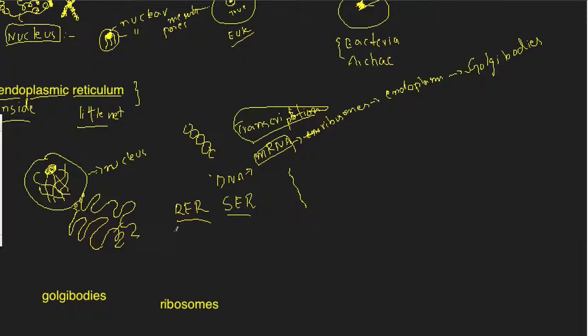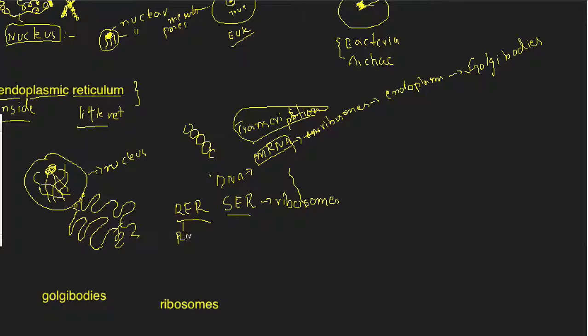The smooth lacks ribosomes. And you can now guess that the rough one doesn't: it has ribosomes in it.